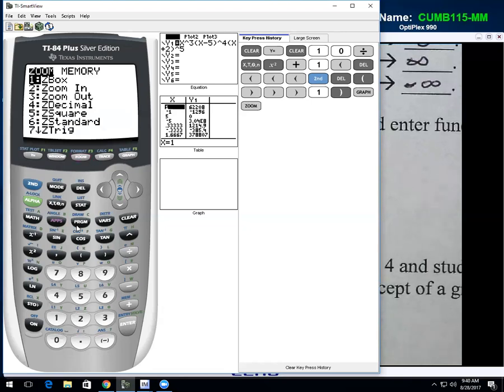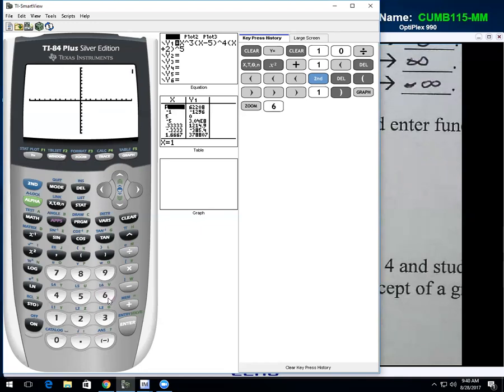And number 6 says zoom standard. Does that graph make sense for this equation? This equation is 10 over x squared plus 1. Does that graph make sense for that equation?